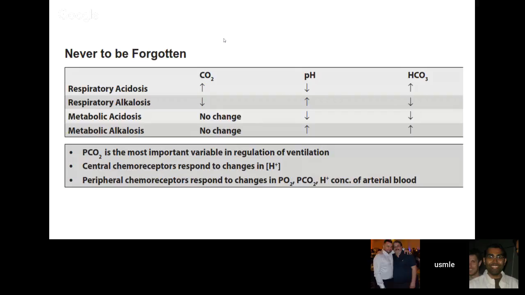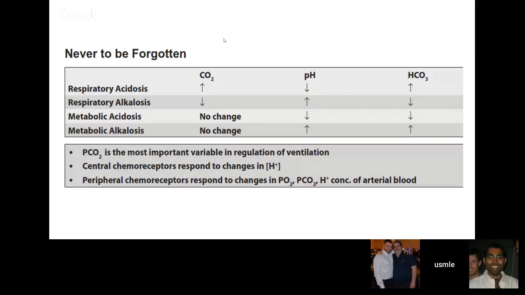In metabolic acidosis and alkalosis, the CO2 might change, but it's going to change as compensation. But obviously, the pH will decrease in acidosis and increase in alkalosis, and that is caused by a decrease in bicarbonate for metabolic acidosis, or an increase in bicarbonate for metabolic alkalosis.